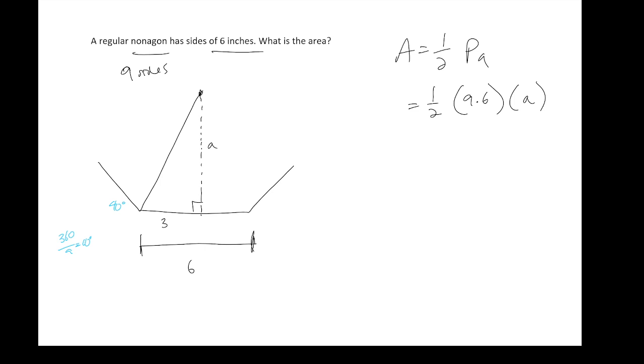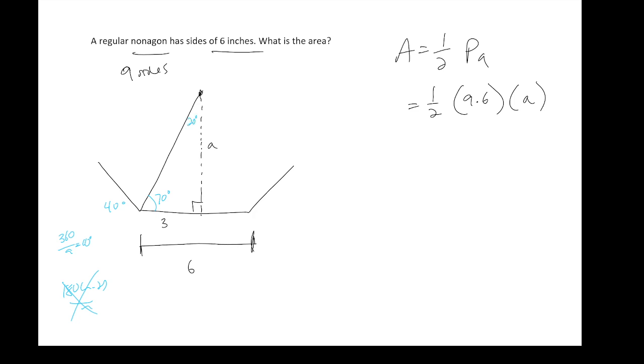This is the other way, rather than doing 180 times n minus 2 over n. I could do that, but I'm not going to do that here. At 40, meaning this entire thing is going to be 140, meaning this guy right here is going to be 70 degrees, meaning this one up here is going to be 20.